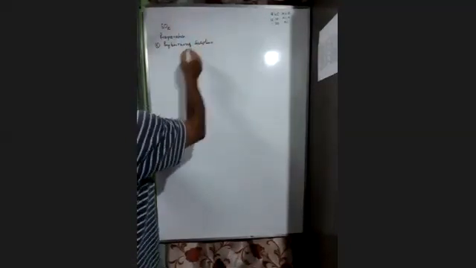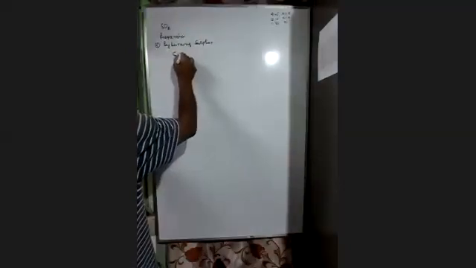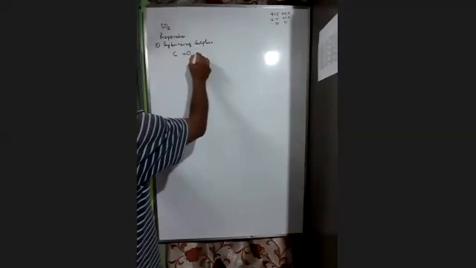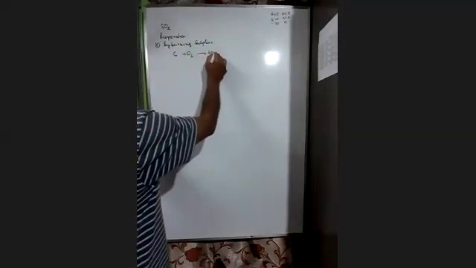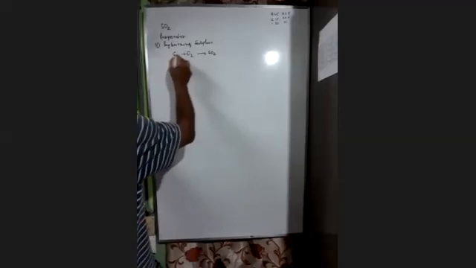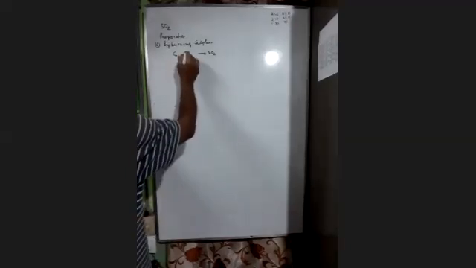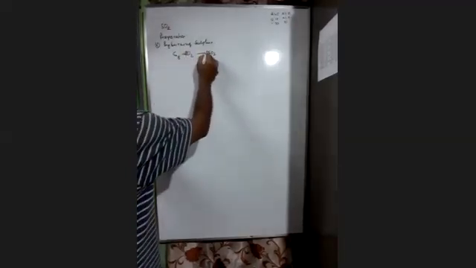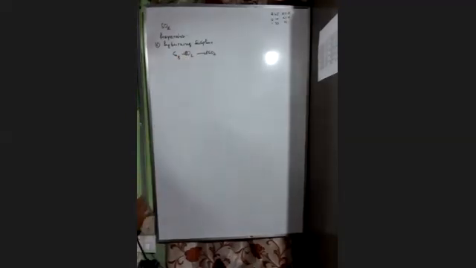If you burn sulfur, you get SO2. But the molecular sulfur formula is what? S8, rhombic sulfur. So here you will write S8, and it will give 8 sulfur dioxide.